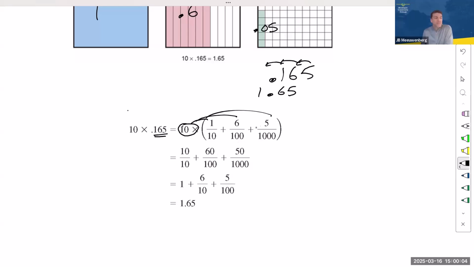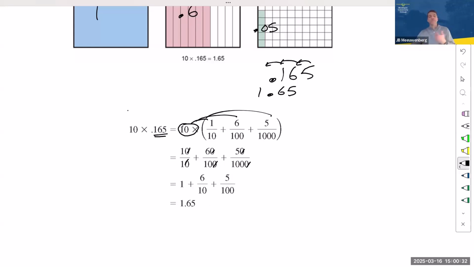Instead of 6 hundredths, we now have 60 hundredths. And instead of 5 thousandths, we have 50 thousandths. Simplifying or reducing each of those fractions, we now have 10 tenths, which is 1, 60 100ths is 6 tenths, and 50 thousandths is 5 hundredths. Put those back in their decimal form, 1 and 65 thousandths.